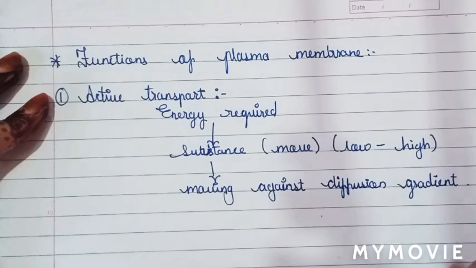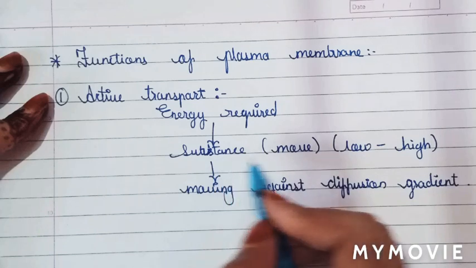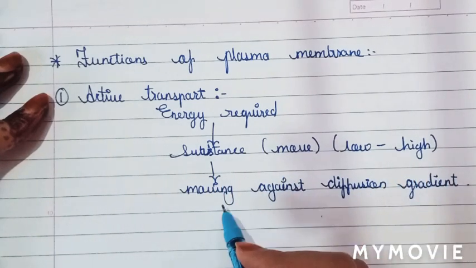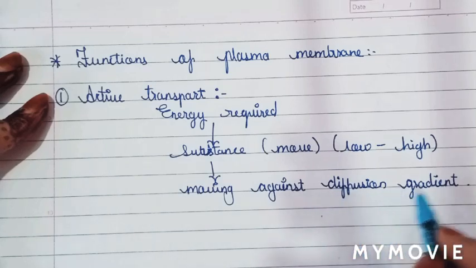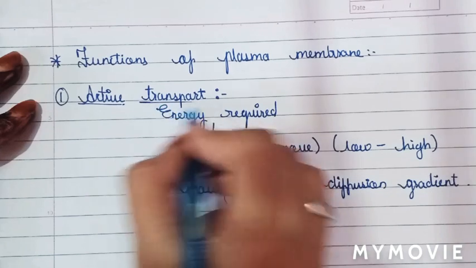This is active transport: it requires chemical energy, and the substances move from low concentration to high concentration, against the diffusion gradient. So this is the active transport role of the plasma membrane.